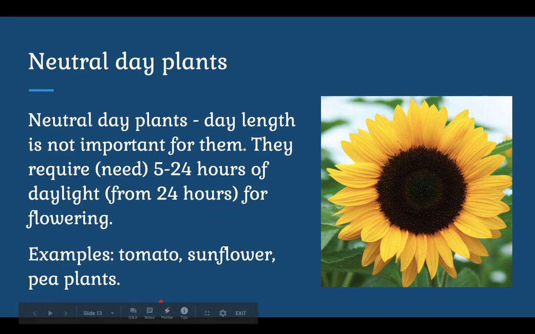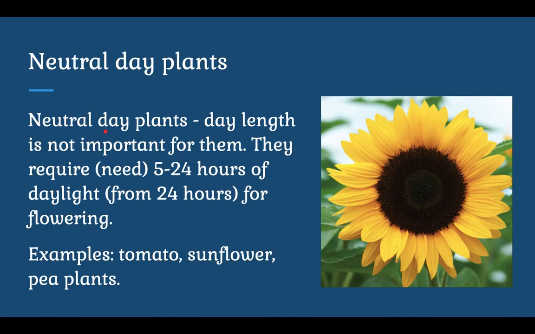These are tomatoes, sunflower, and pea plants. Most of the plants that we have in a garden are neutral day plants because they give flowers, and then they can easily give fruits and seeds. I think it's very easy to bring up neutral day plants compared to others.